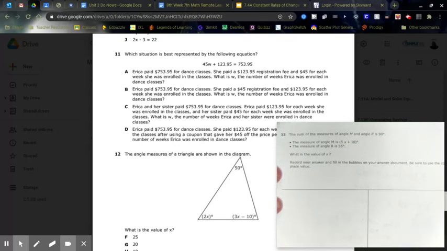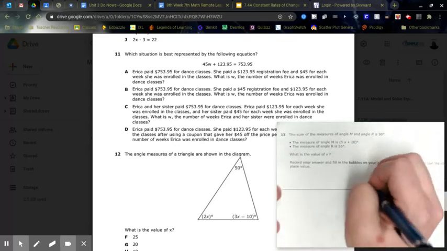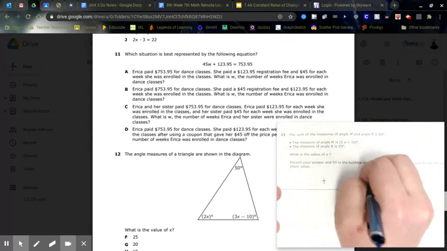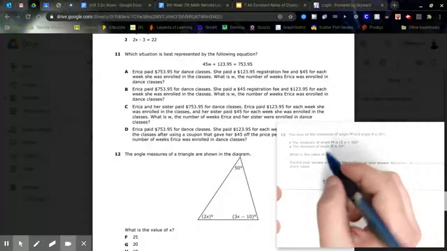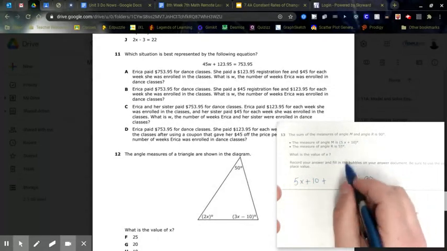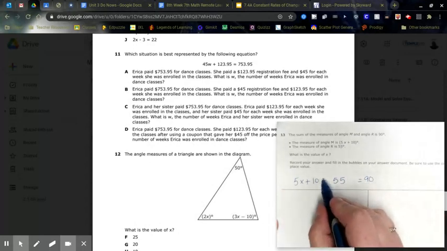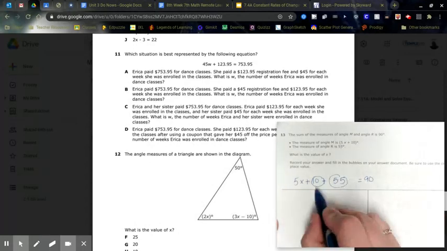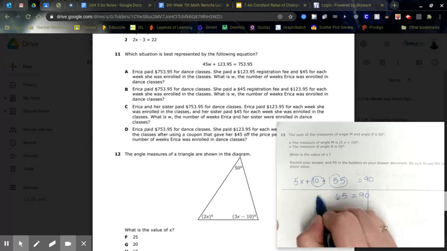The sum of the measures of angle M and angle R is 90 degrees. So altogether, we're adding them together, and altogether it's going to equal 90 degrees. Angle M is 5x plus 10, and angle R is 55. Now I'm going to combine 10 and 55. 10 plus 55 is 65. Still equals 90, and then we bring our 5x down.